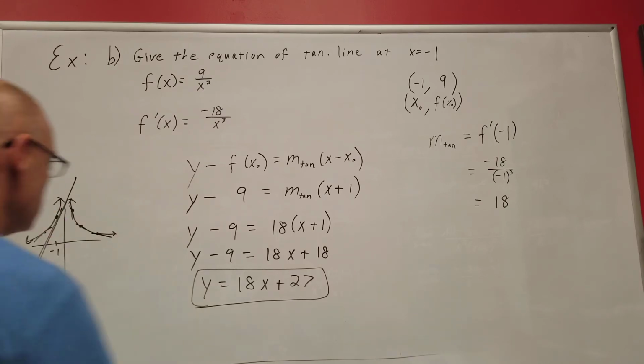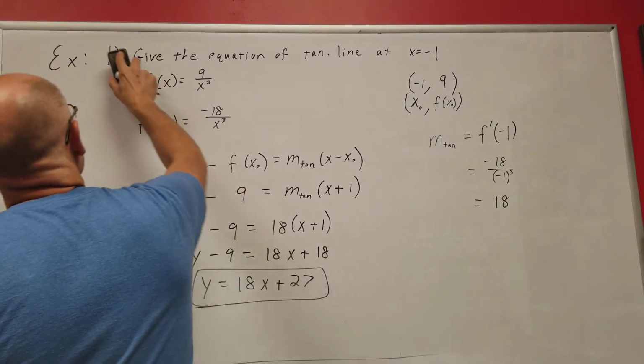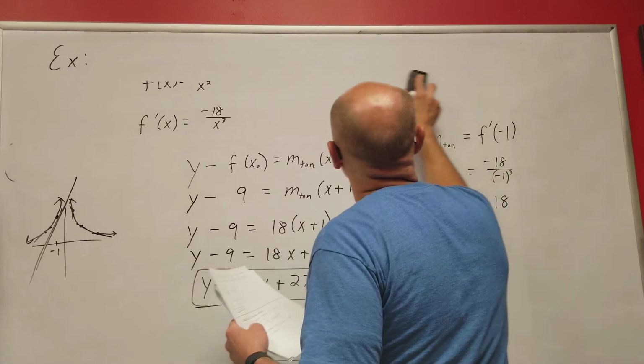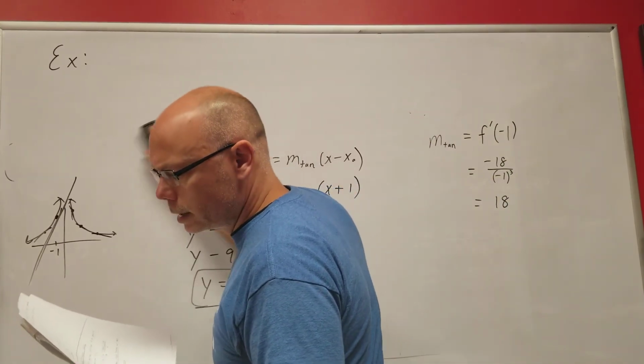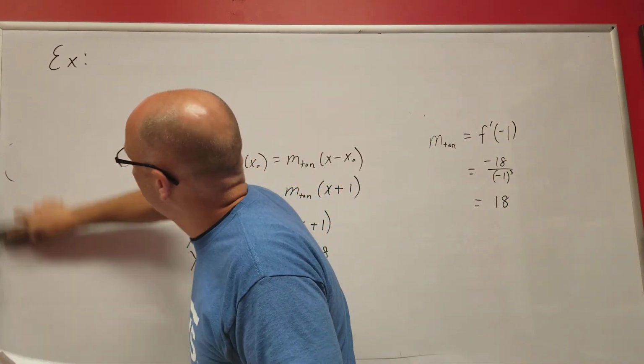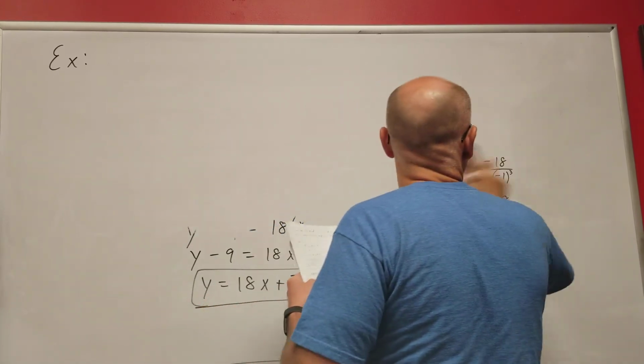If we look at our notes, we have an example that appears next. And it reads something like, given that, let me write some of this stuff down so I can point to it.